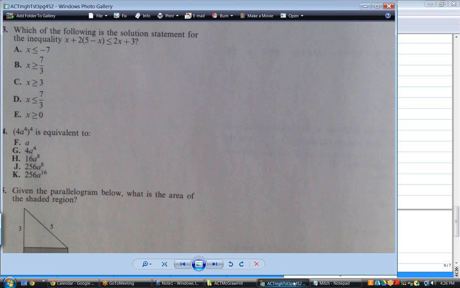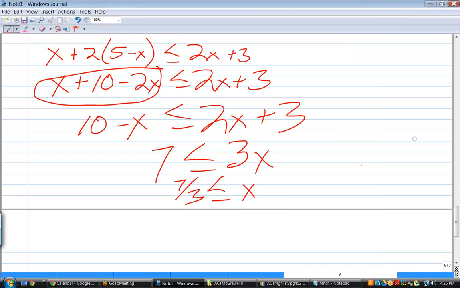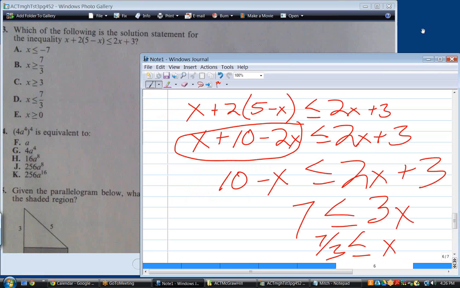And let's make sure we see that answer. Yeah, x is greater than 7/3. Now, notice one thing. The answer they gave had the x on the left everywhere.